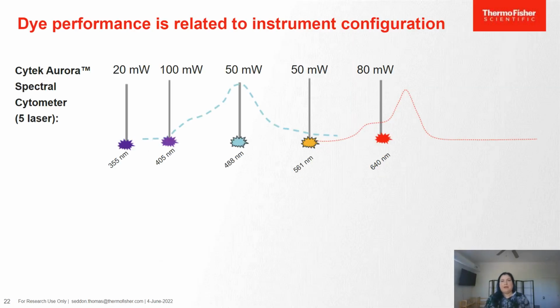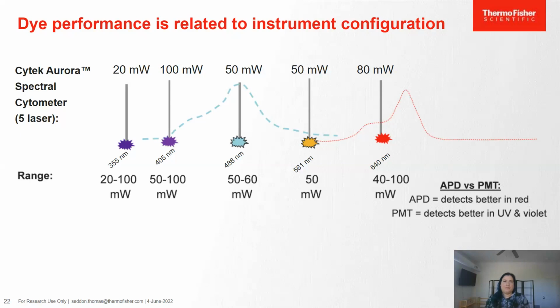Taking you into a little more detail here, this shows you the instrument configuration for the Aurora and the different laser wattages. When you think about the Aurora versus the Bigfoot, you can see that you have APDs on the Aurora versus PMTs on the Bigfoot.